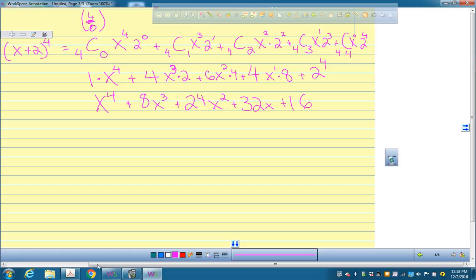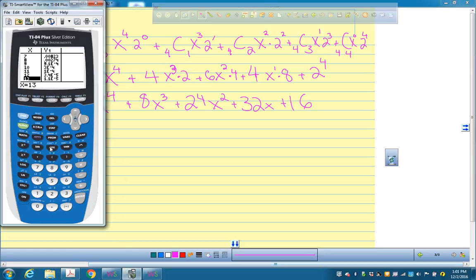How do you do that on your calculator? Watch. On a test, if I want to do 4 combination 2, you go 4, math, PRB, because combinations come up all the time with probability. See this? NPR, that's a permutation.